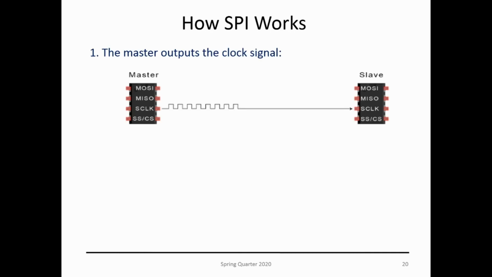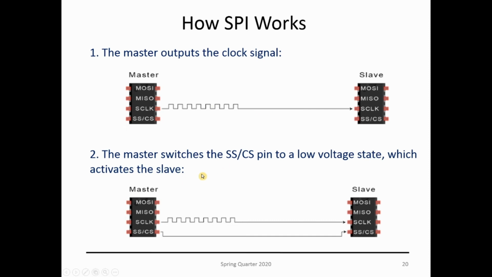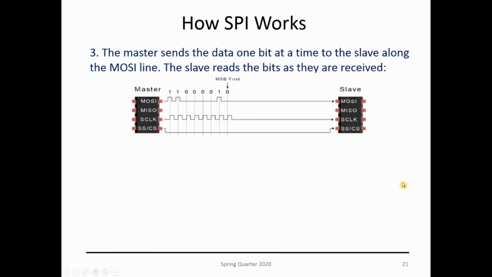How SPI works: the master outputs the clock signal, so I start sending a clock, and then I switch the chip select to a low voltage, which activates the slave. I do that switch, and now the slave knows that, okay, I'm ready to receive information.